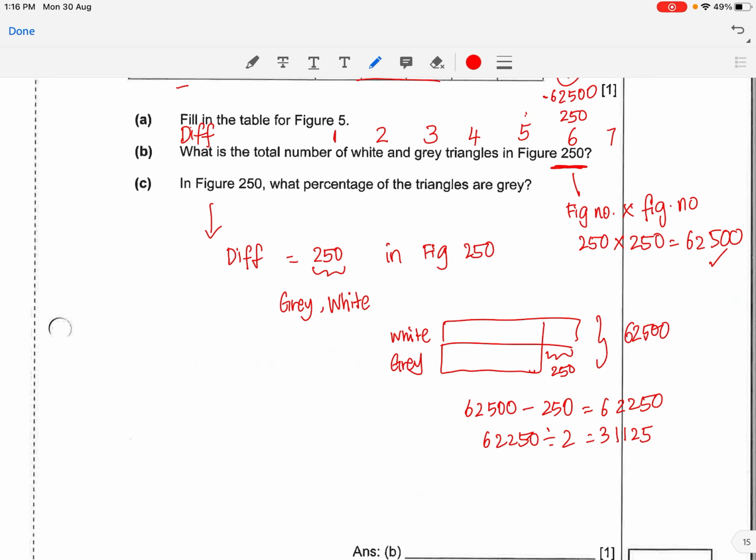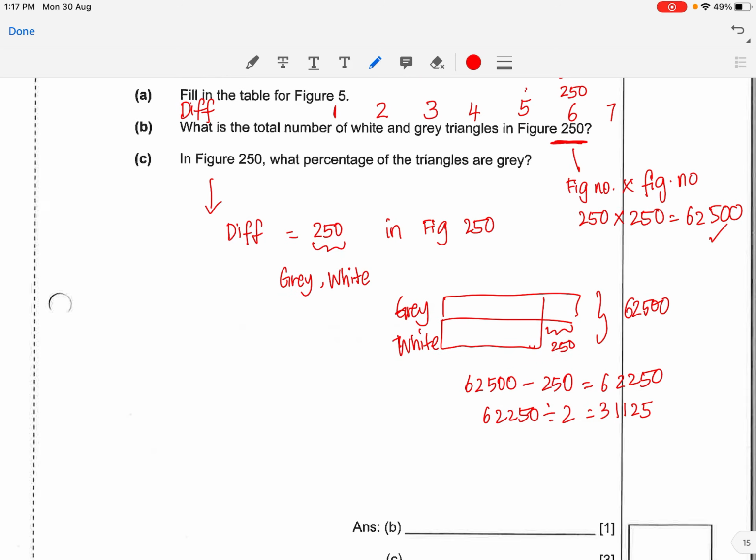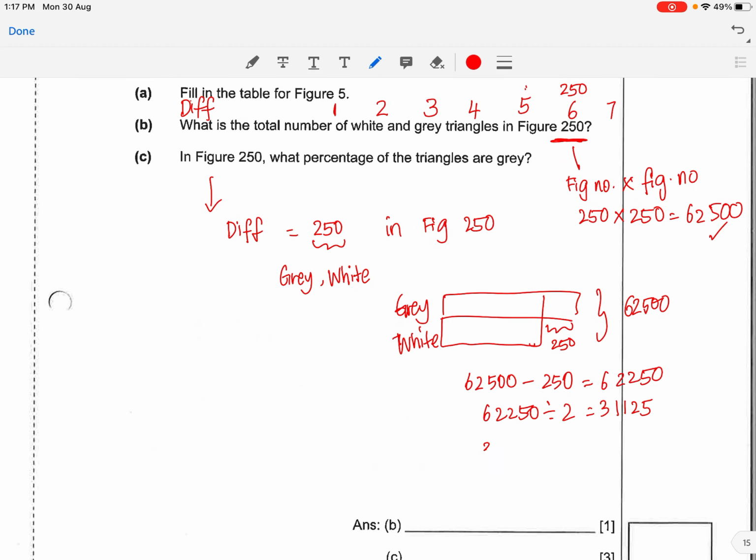After finding the white, sorry, this one was labeled wrongly. 31,125 will be the white triangles. This one will be the grey triangles. So now I need to find the grey triangles: 31,125, I need to add 250.